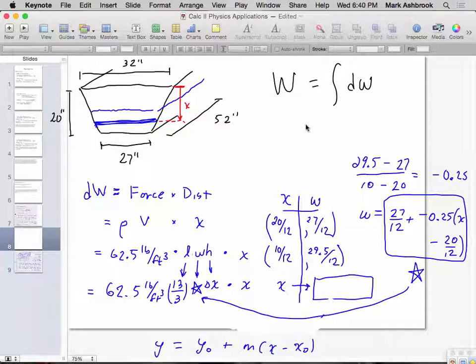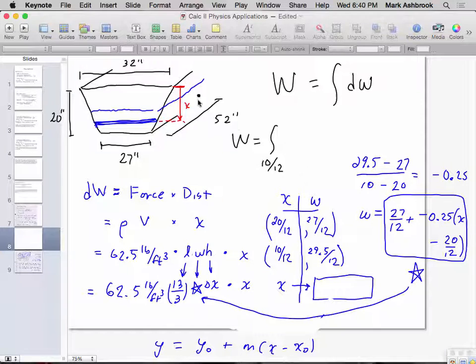Okay, so now we're ready to set up the integral. Total work equals. So we're going to integrate from what to what? Not 0. The first layer is x equals 10 twelfths in feet. In feet, we need feet, right?